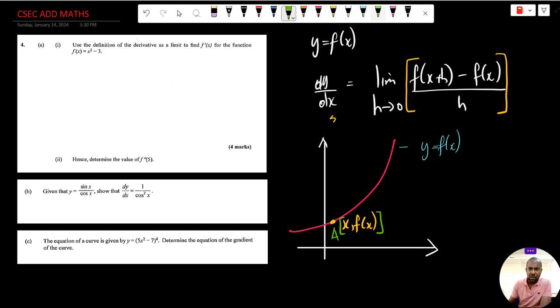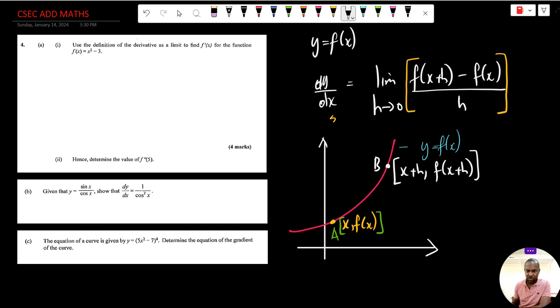Now let there be another point B on the curve such that there is a small change in x given by h. So this point is B. If the change in x is the value h, then the coordinates of this point would be x plus h, f of x plus h.